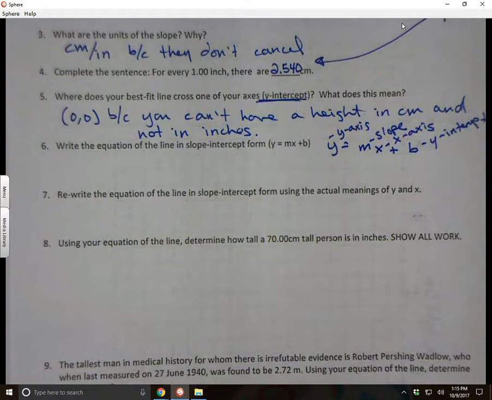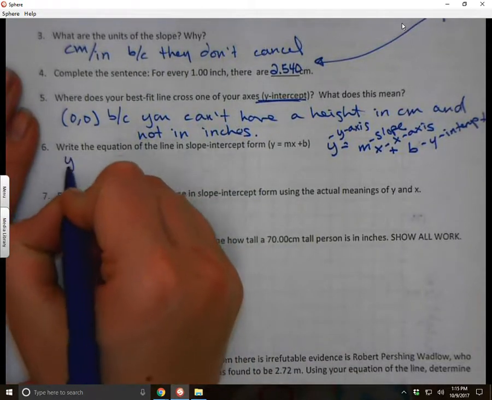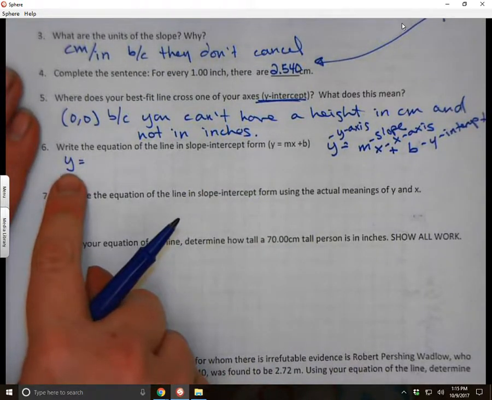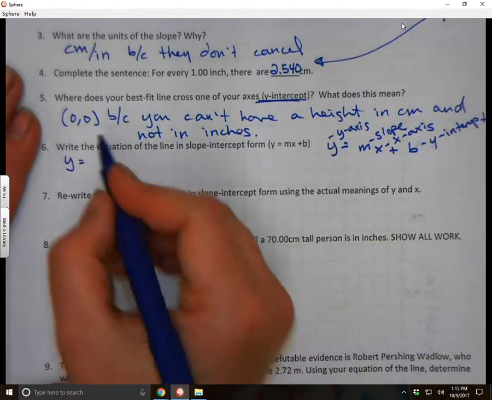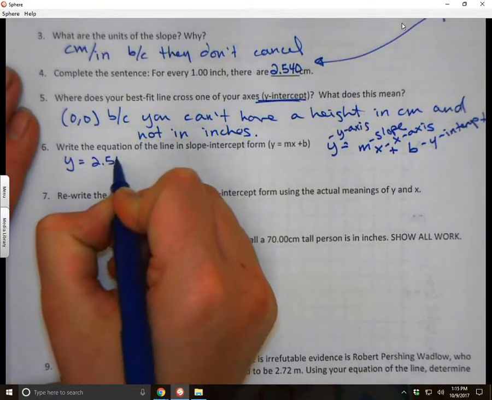So an equation for our line, we know that if we want to find anything on the y-axis, we can take our slope, which is 2.540 centimeters per inch, and multiply it by what's on the x-axis, plus our y-intercept, which for us came out to be 0 centimeters.